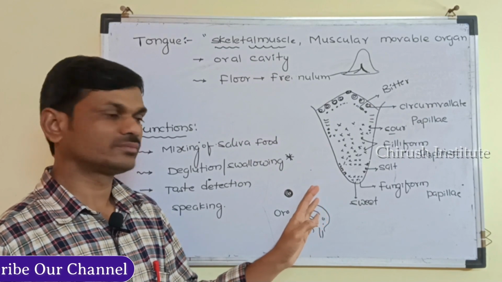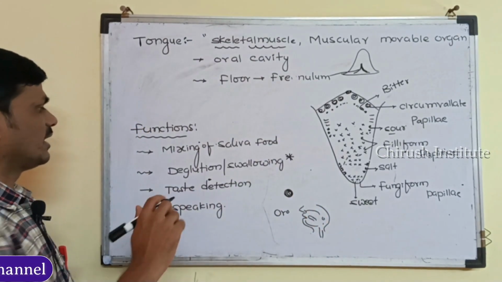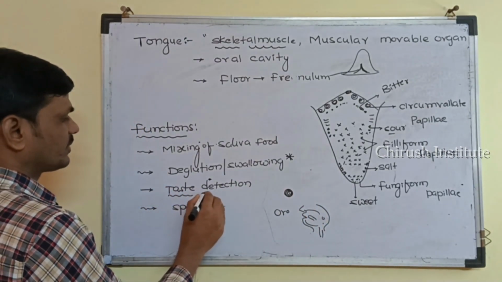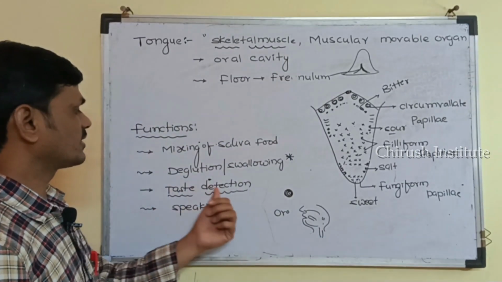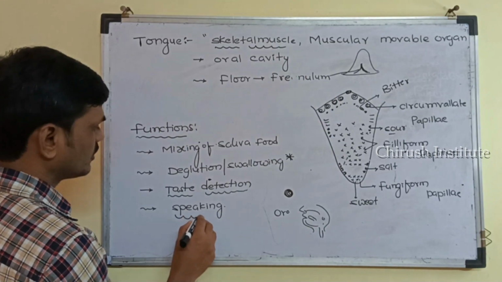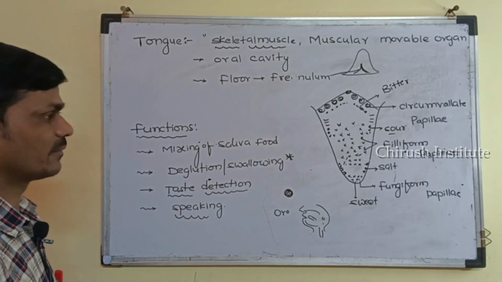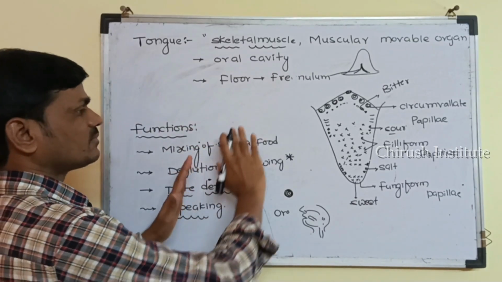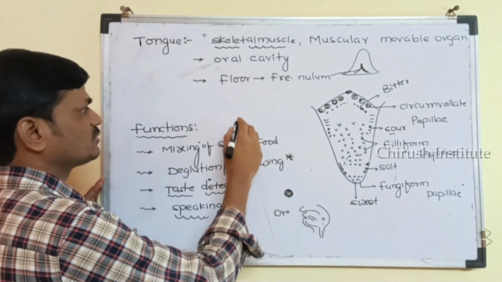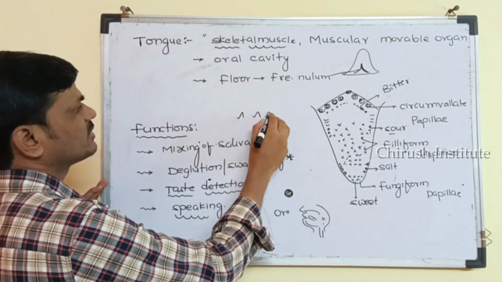Next, the tongue helps in taste detection and also in speaking. These are the functions of the tongue. Now, on the entire surface of the tongue, small elevations are present. You can see these types of elevations.